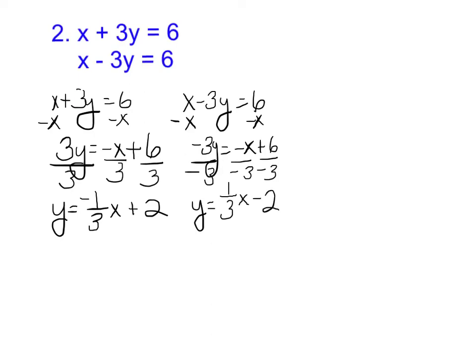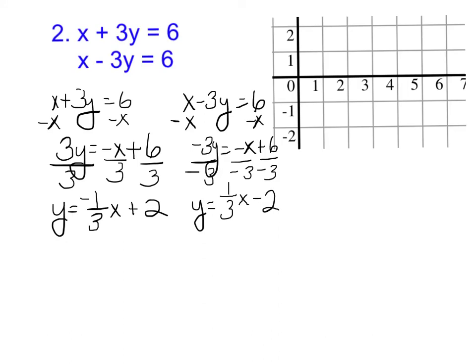So now let's graph this. We take our first equation, which has a slope of negative 1/3, which means it goes downhill, and it crosses at our y-intercept of 2. So we put a point at 2. The slope is negative 1/3, so we go down 1, over 3.